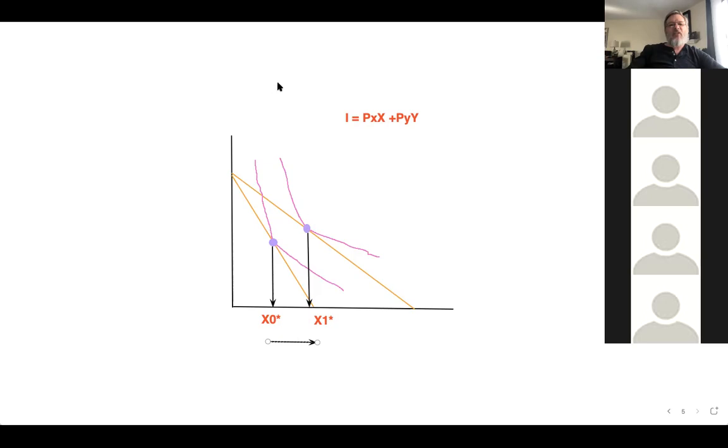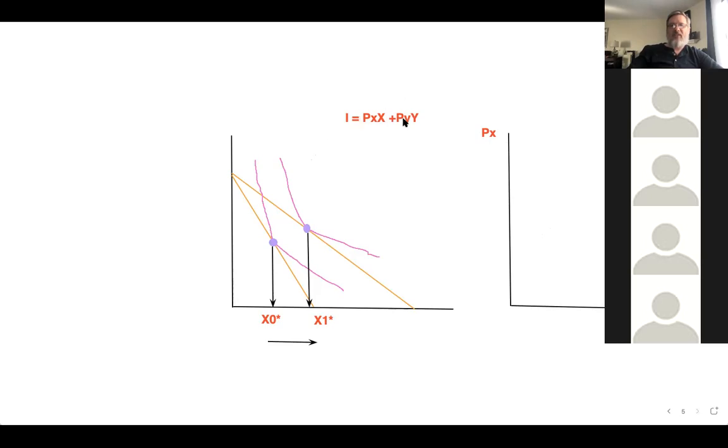But hopefully you realize that this is one representation of the data, but I could just as well represent it on a demand curve as PX and the quantity of X, right? And then I would have 2 points on the demand curve.